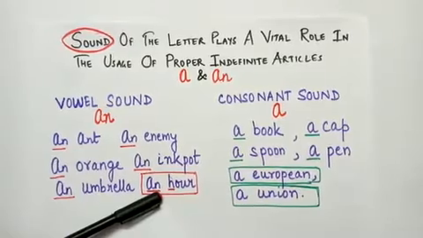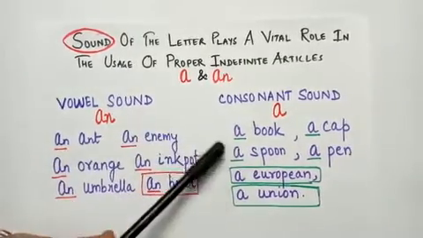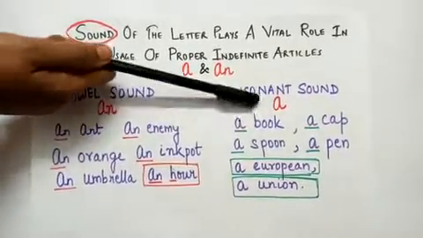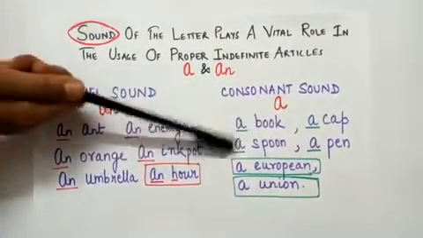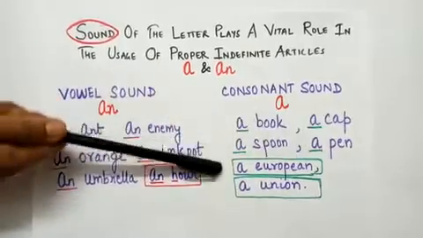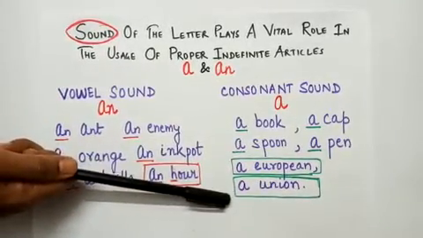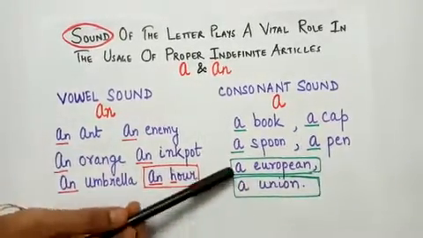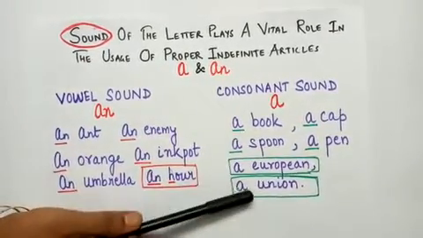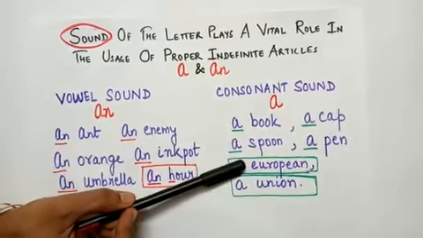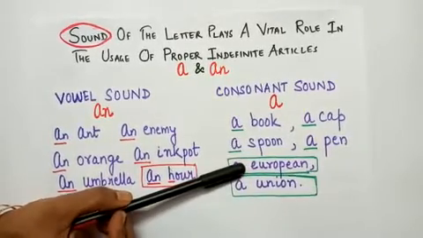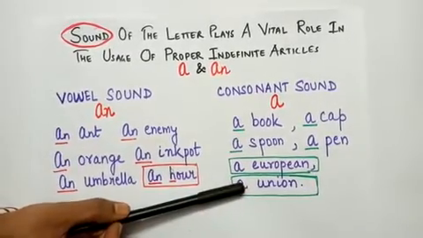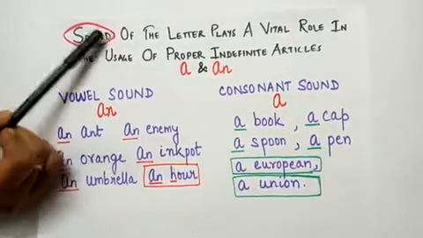Now let us take the example of consonant words. Some consonant words are here: a book, a cap, a spoon, a pen, a European, a union. Now, the thing to note is that these two words, European and union, both begin with a vowel letter, that is E and U. But again, as we have just discussed, the sound of the letter plays a vital role.